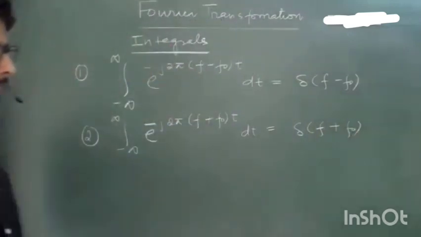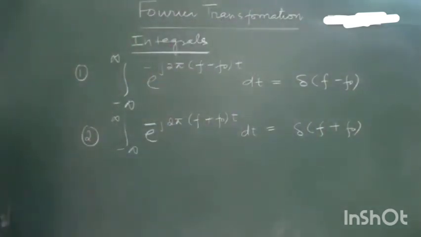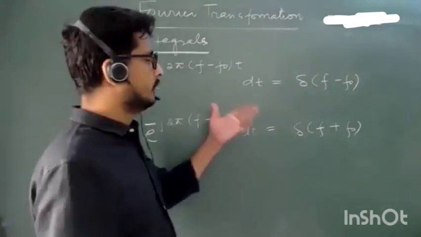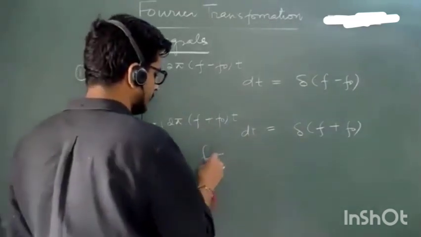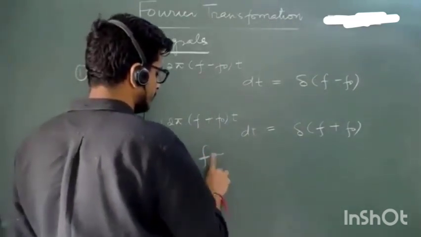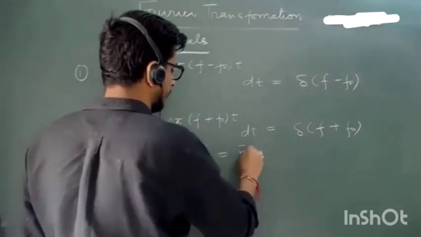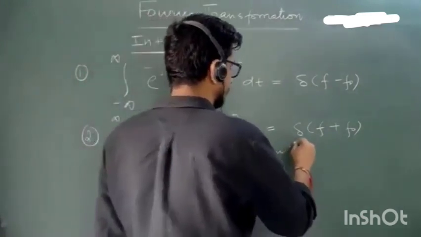Please see this carefully. There are two different frequencies here, f and f naught. f is your normal frequency which I was discussing, the Fourier frequency.